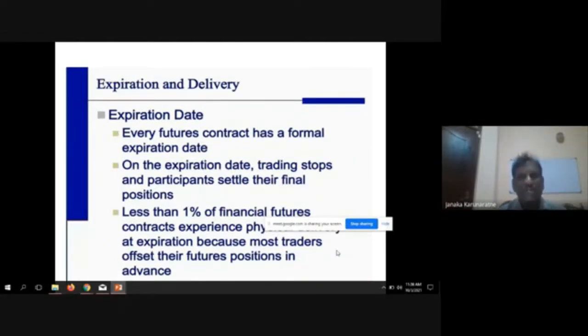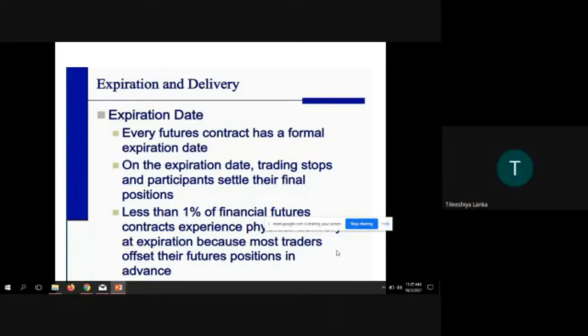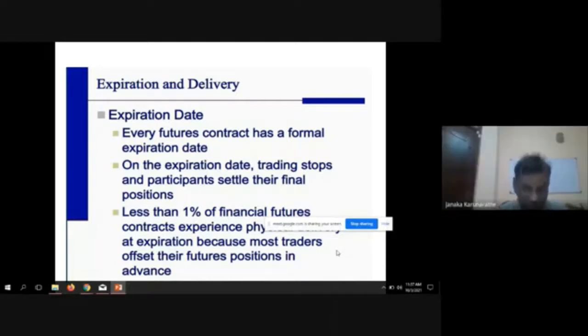Expiration date. Every futures contract has a formal expiration date. We will look at some examples in futures markets. Unfortunately, we don't see it in the local context here, but maybe when these markets are developed soon, you can see similar markets here as well.